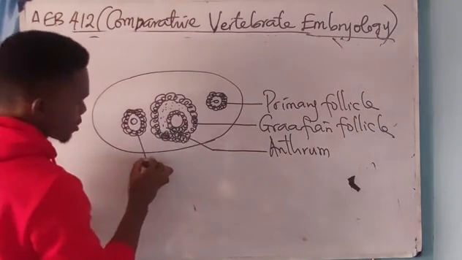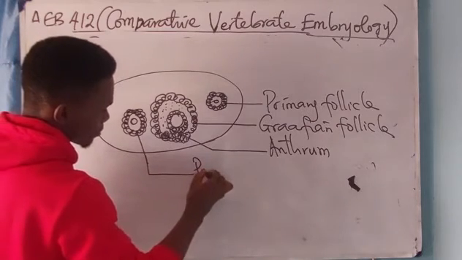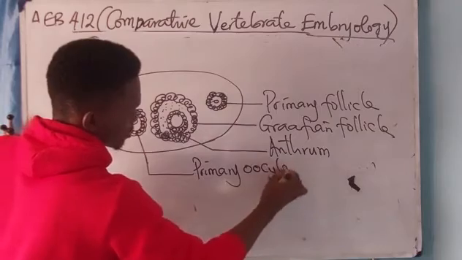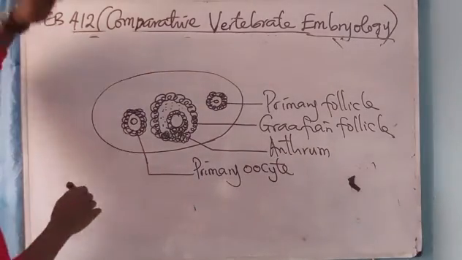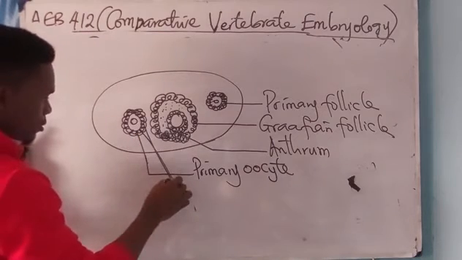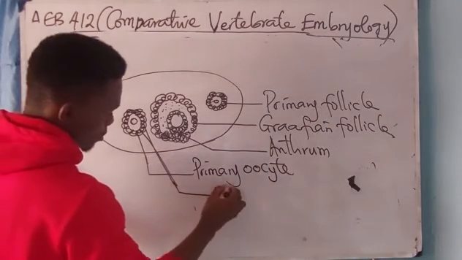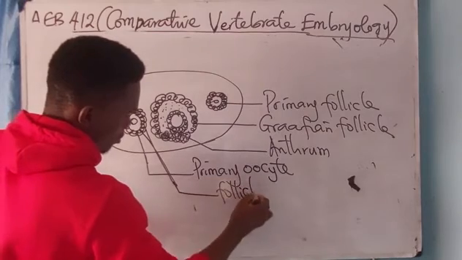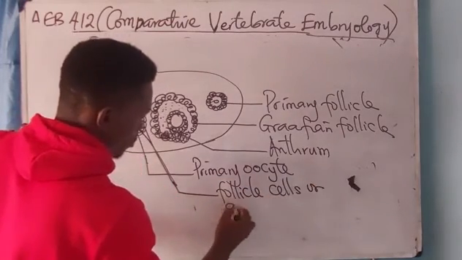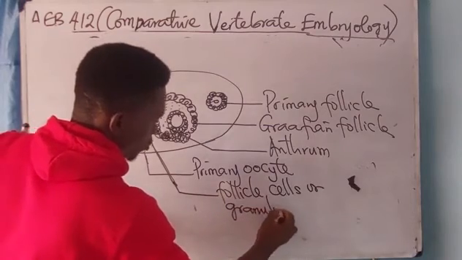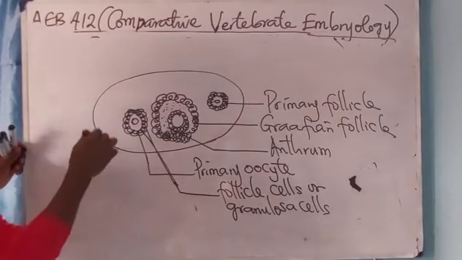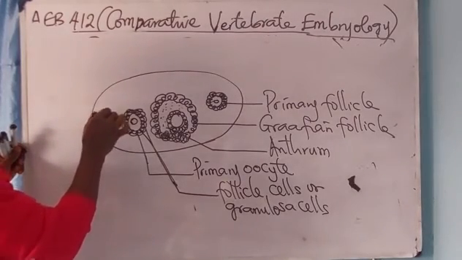This part is called the primary oocyte, and this one is called the follicle cells or granulosa cells. All right, follicle cells or what? Granulosa cells.